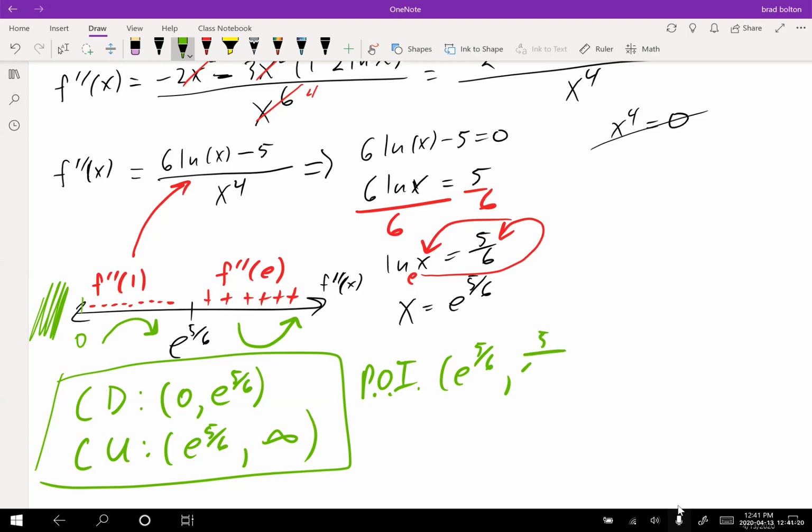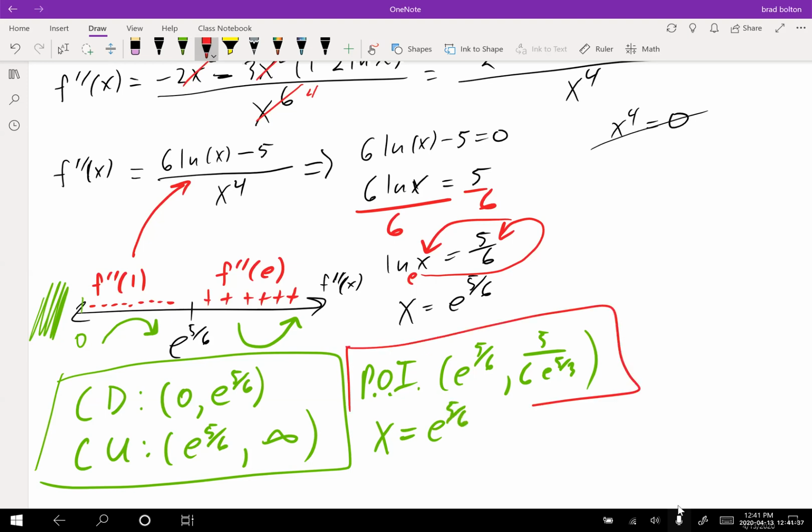I don't want to go through and work it all out, but you get e to the 5/3. Normally for points of inflection, they want you to actually find the point, the location. Sometimes you would be allowed to just say x equals e to the 5/6, but I'm just going to be honest with you, for points of inflection, they almost always want the exact location on the graph.